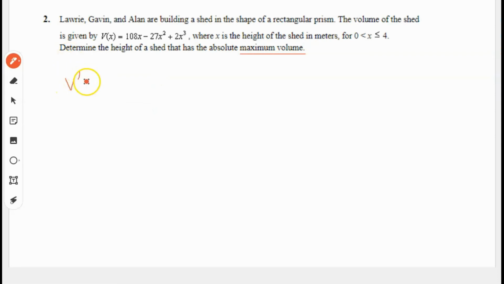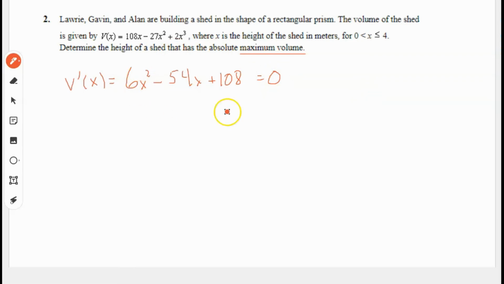So v prime of x is going to equal, I'm going to start with the higher order one, 6x squared minus 54x plus 108. All right, now I set that equal to 0.